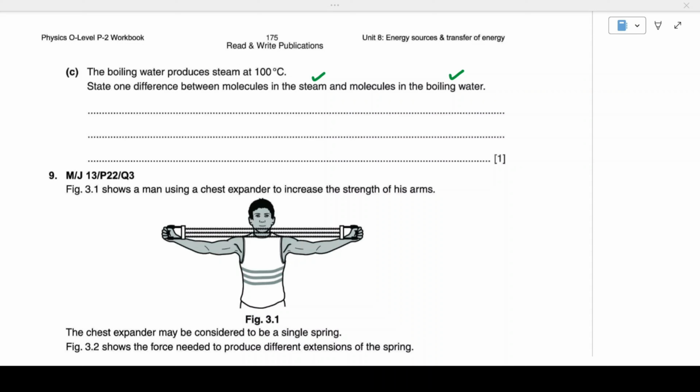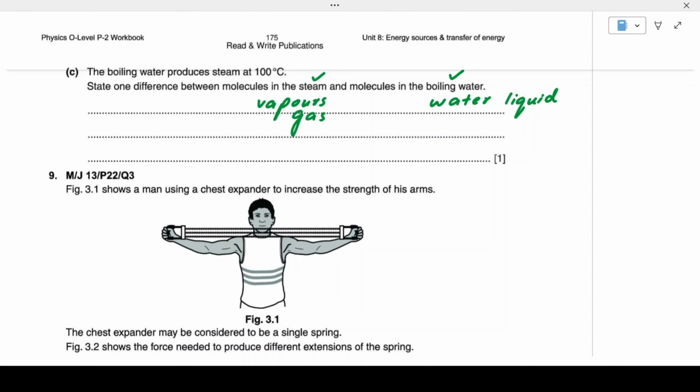It has to be 100 or beyond, only then it can be steam. Boiling water is the liquid water which is being boiled, which is being converted into steam. And steam is when all of it is converted into vapors, gas.